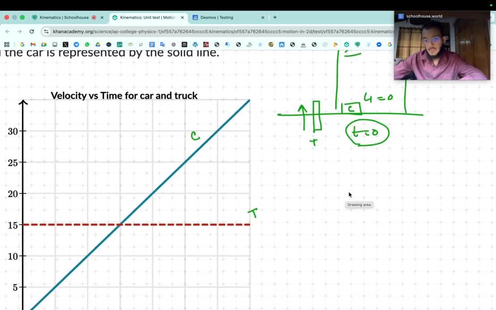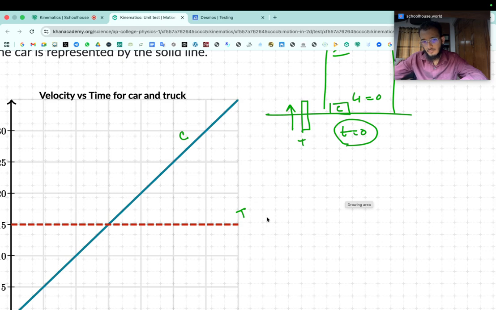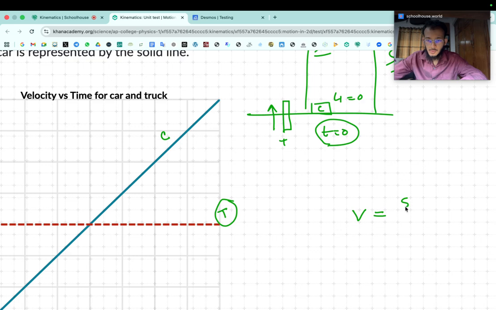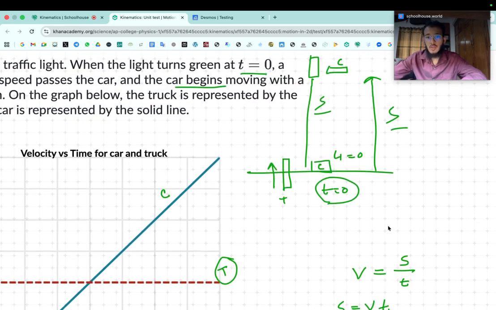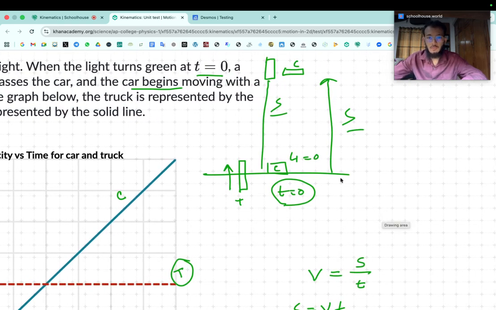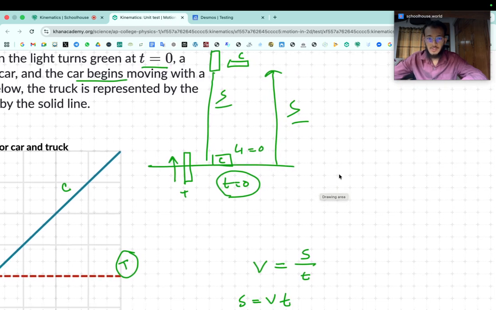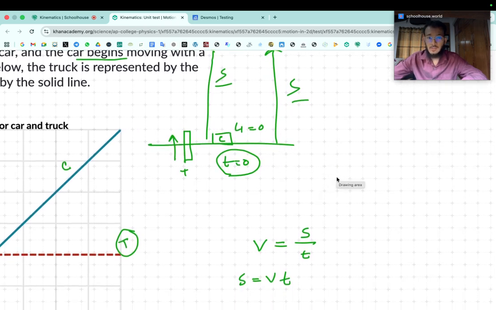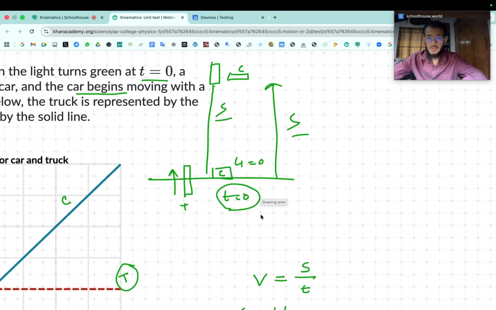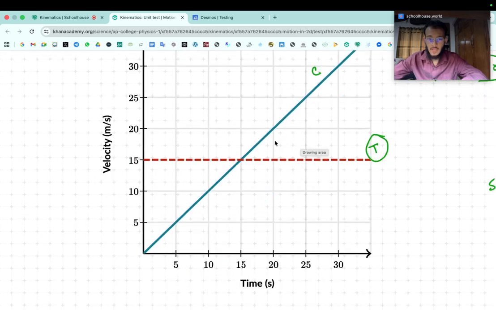So the truck travels at a constant velocity v. So we know that the constant velocity equals displacement divided by time, so s for this one is vt. On the contrary, the car is experiencing a constant acceleration, and we can find the acceleration from the graph.